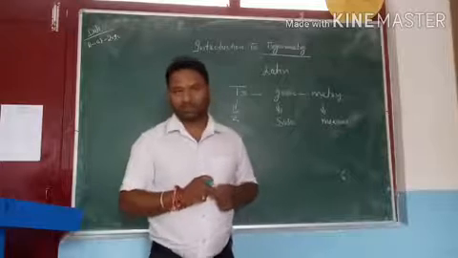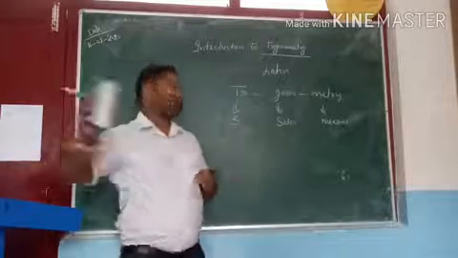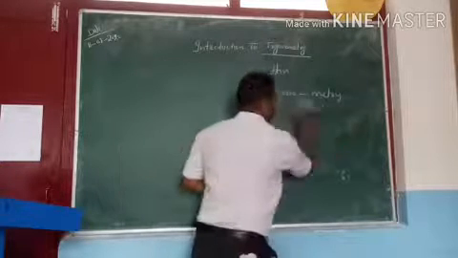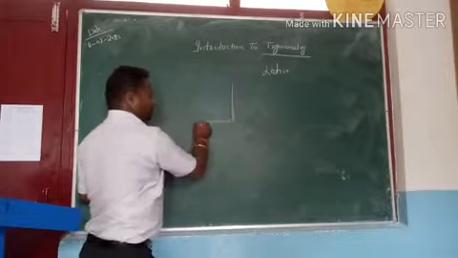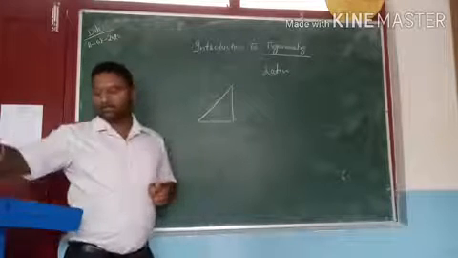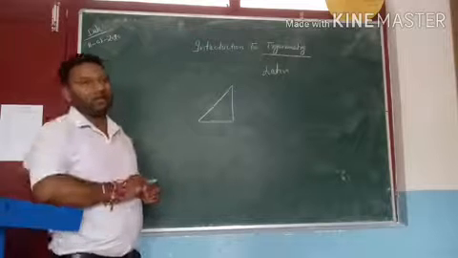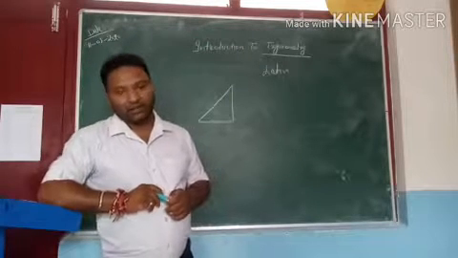But in your syllabus, there is only the right angle triangle. So let's see what a triangle is, especially a right triangle. If you have a right triangle like this, most of the time I saw students are confused here about which side is the hypotenuse, the perpendicular, and the base.